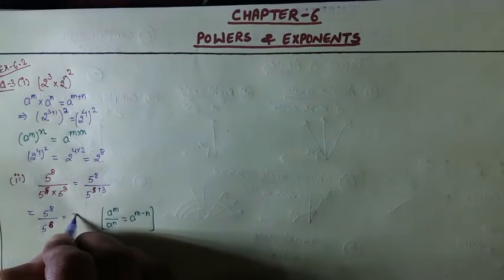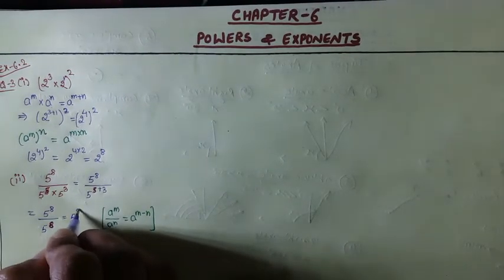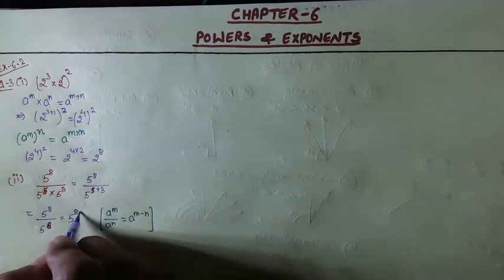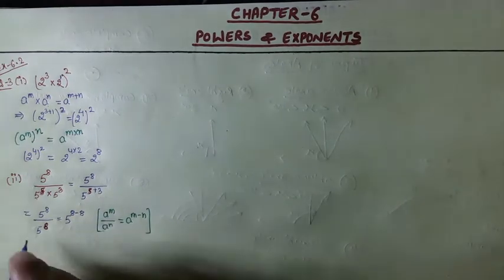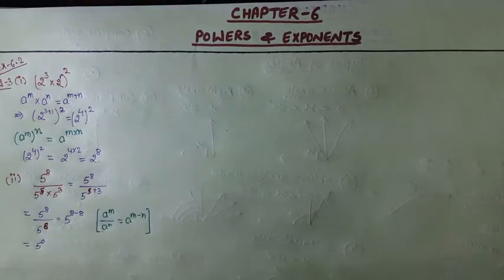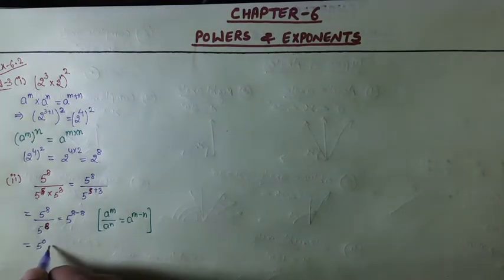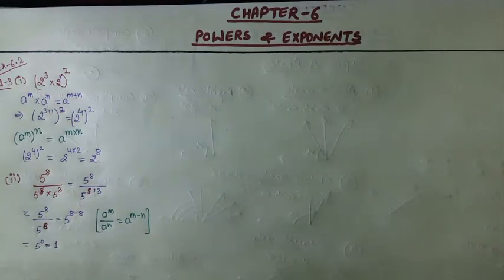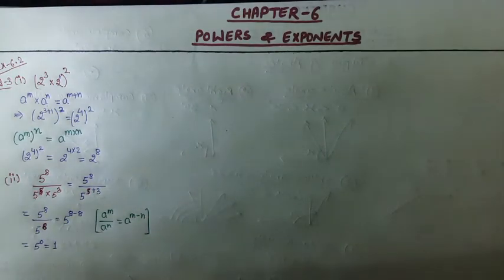So we are going to subtract the powers, because your base is the same and it is divided. 8 minus 8 is nothing but 0, and anything to the power 0 is always equal to 1. So here 5 to the power 0, the value of this is equal to 1. Is it clear?